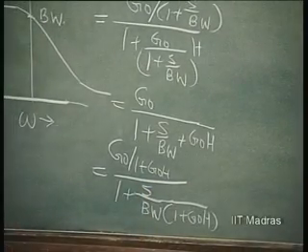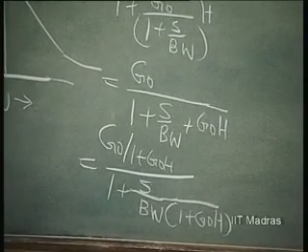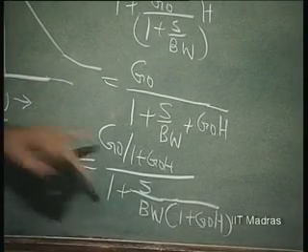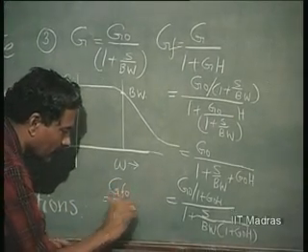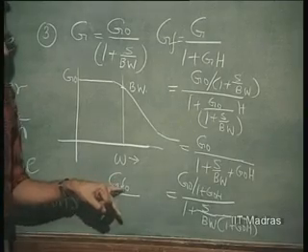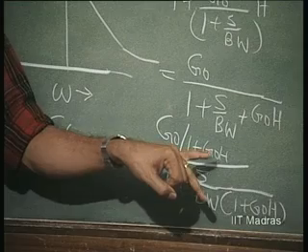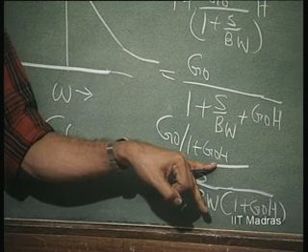The important factor to be noted, the gain with feedback is equal to G f naught, which is G naught by 1 plus G naught H, which we would have got if it is frequency independent.